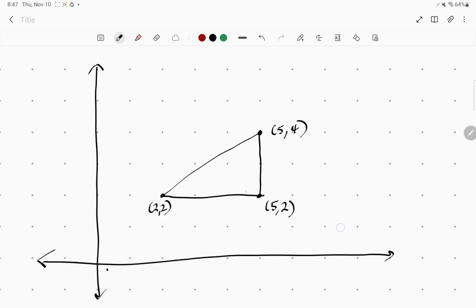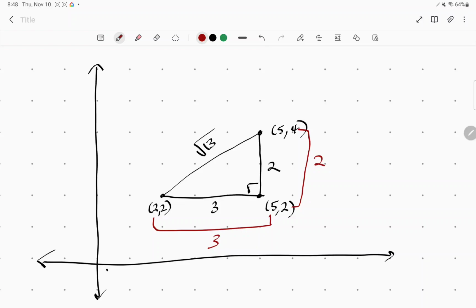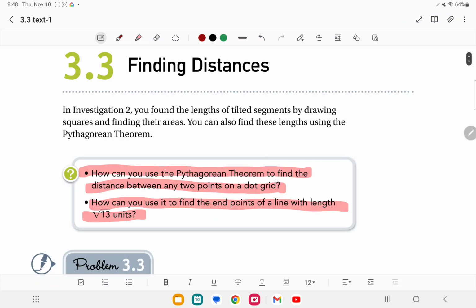All right, so those could be our coordinates, and that would give me a length of square root of 13 with side lengths of, what were they, 3 and 2. So you could have any coordinates that match this description. You notice the big idea here is the difference between your x values has a difference of 3. The difference between your y values has a difference of 2. So any coordinates that match that would work. And that'll do it for 3.3, finding distances.